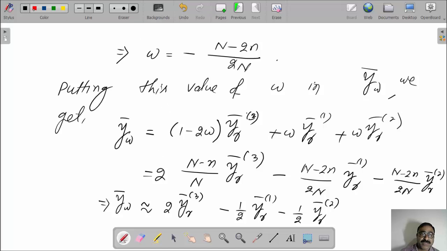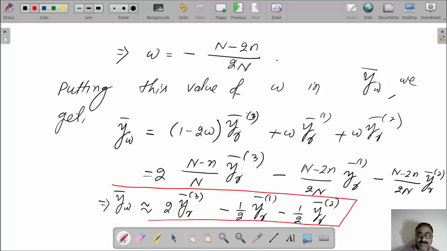Now our estimator is approximately equal to this. So now we have to find its mean square error. If we ignore the finite population factors, then YW bar will be equal to this.